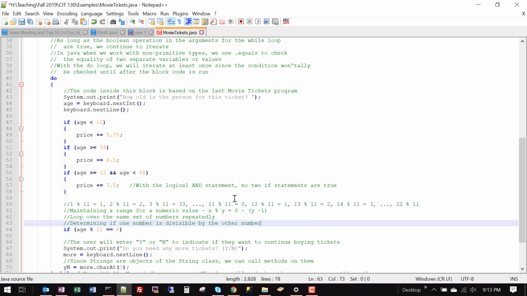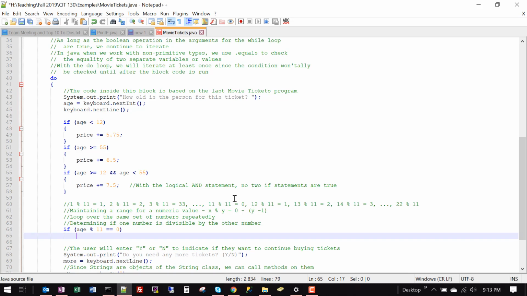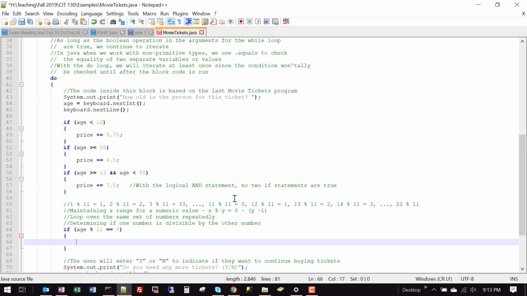So what we've determined is that if their age is evenly divisible by 11, meaning there's no remainder, what we can do then is we can say price minus equals 0.5. Give them a 50-cent discount.